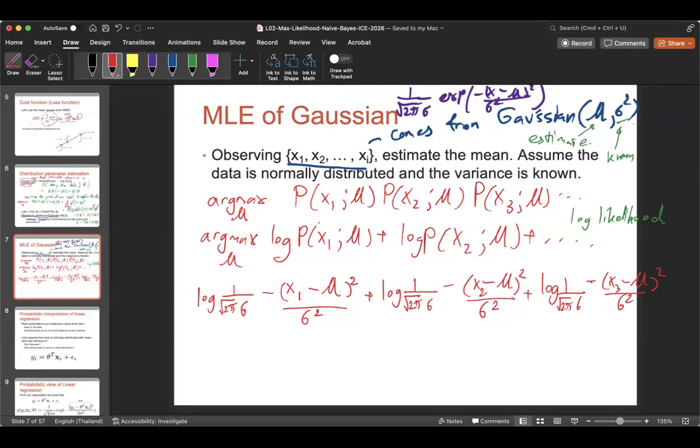You take the log of this, right? Log of multiplication becomes addition. So you get this part, and log of exponent just becomes the inside of the exponent.